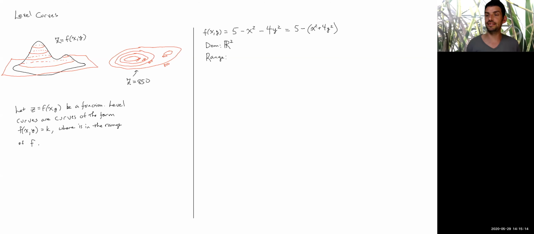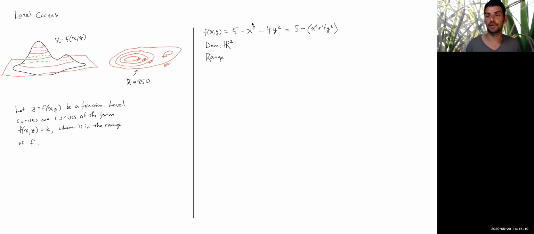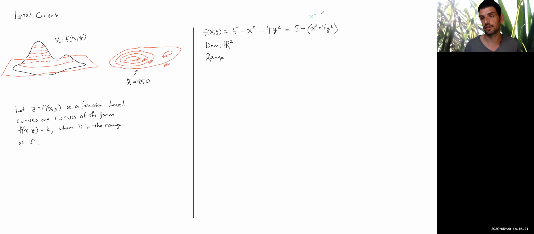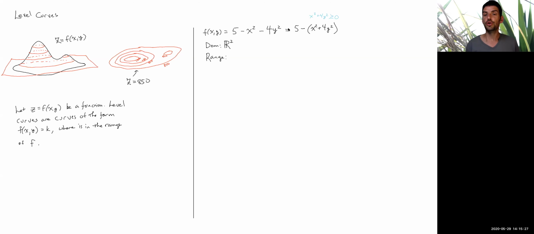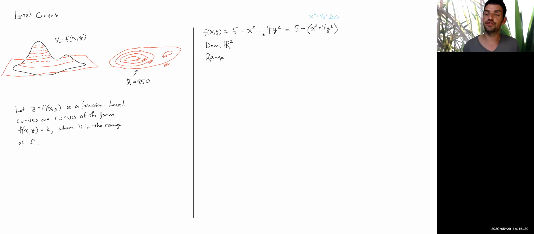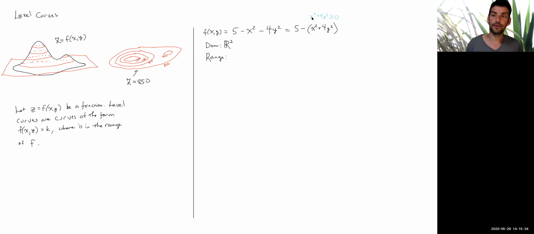Notice this piece in the parentheses has to be greater than or equal to 0. It can't be any less than 0 because of those squares, which means our function is always going to be 5 minus some number.